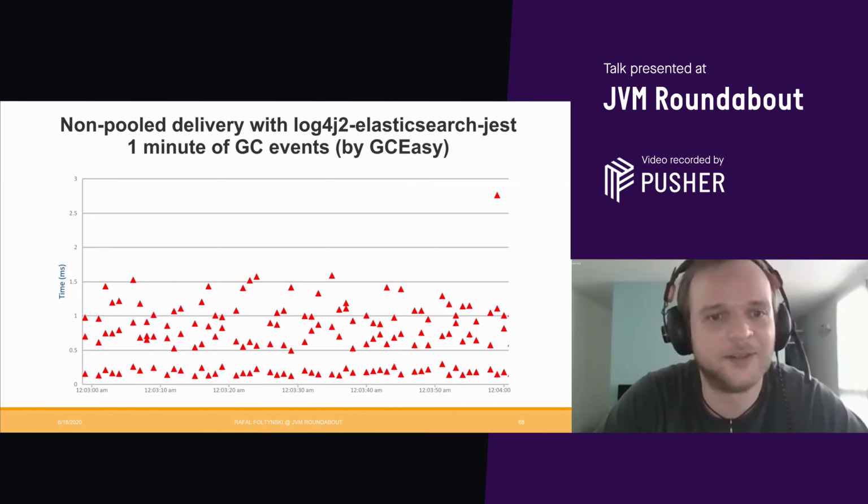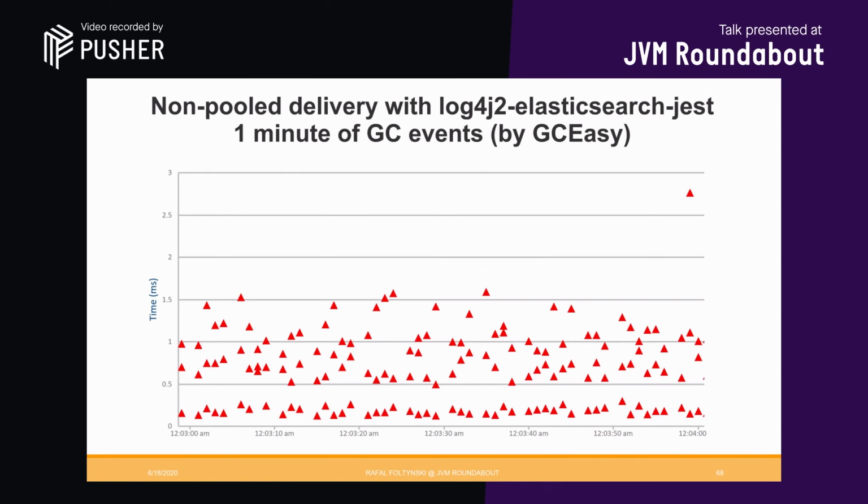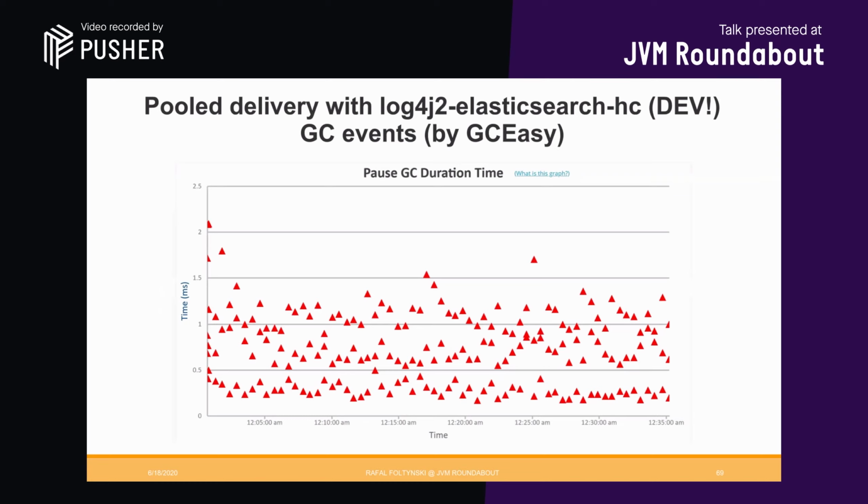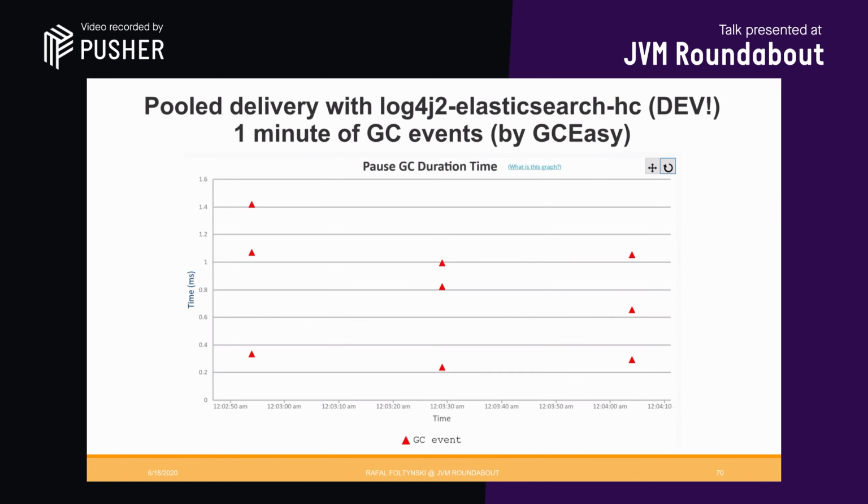So this is a distilled graph of 1 minute of GC events during this delivery. To compare, this is the whole run with ZGC and the development version across half an hour, and this was the garbage collection during this minute, more or less.